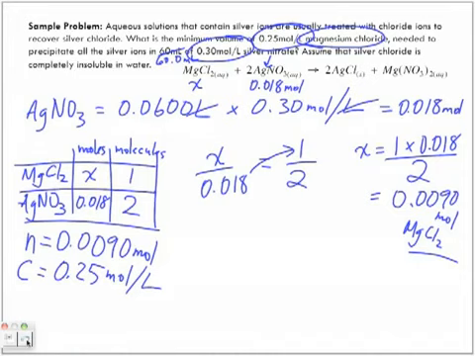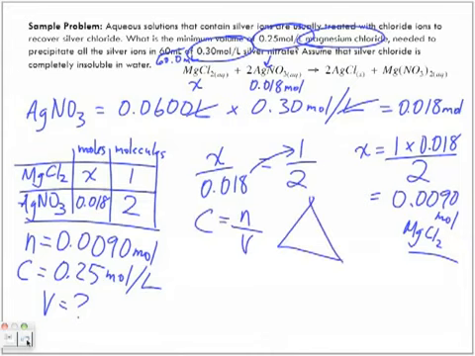We're being asked the minimum volume that we're going to make. So the volume, that's our unknown. According to the equation, C is equal to N over V. Or if we look at it in terms of the pyramid, C, N, and V, we're trying to find V. So we cover up V, and it's the number of moles divided by the concentration. So volume is equal to N over C.